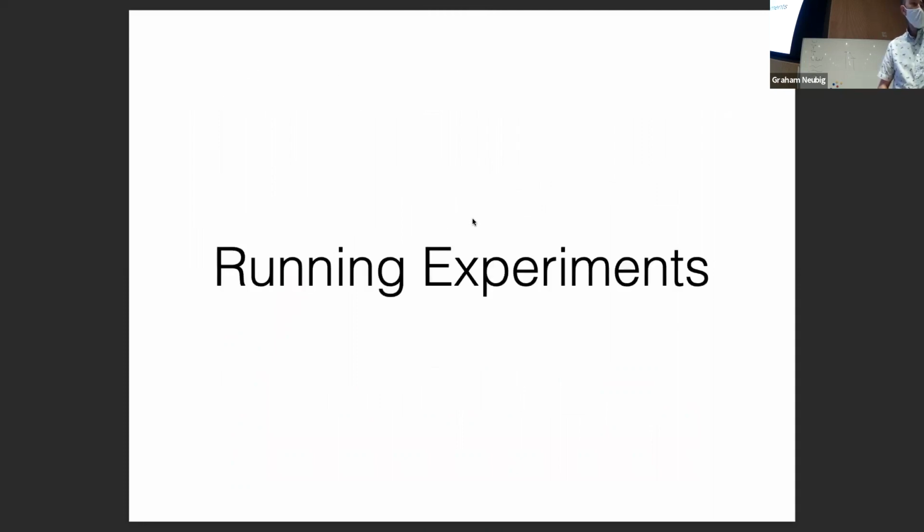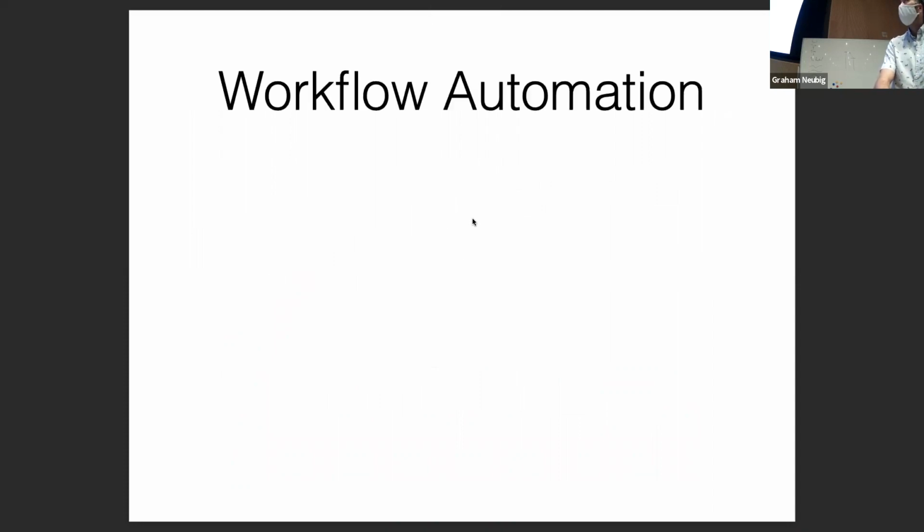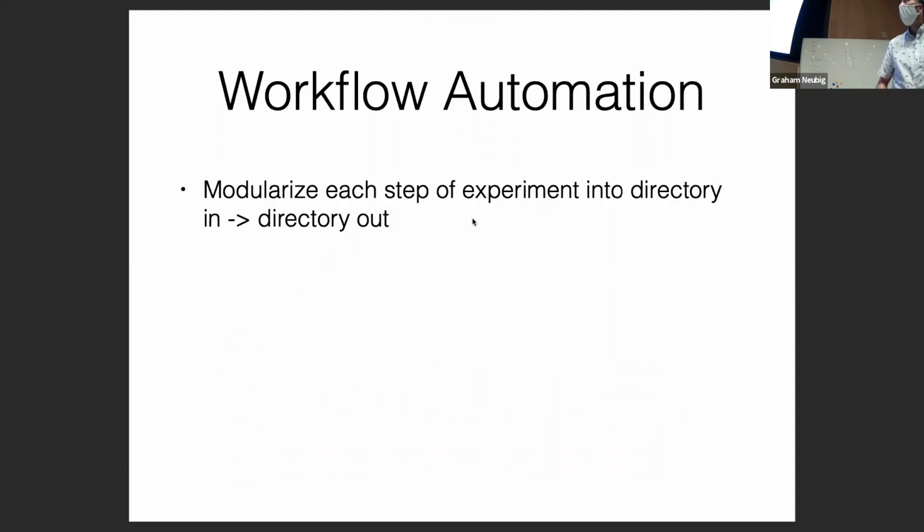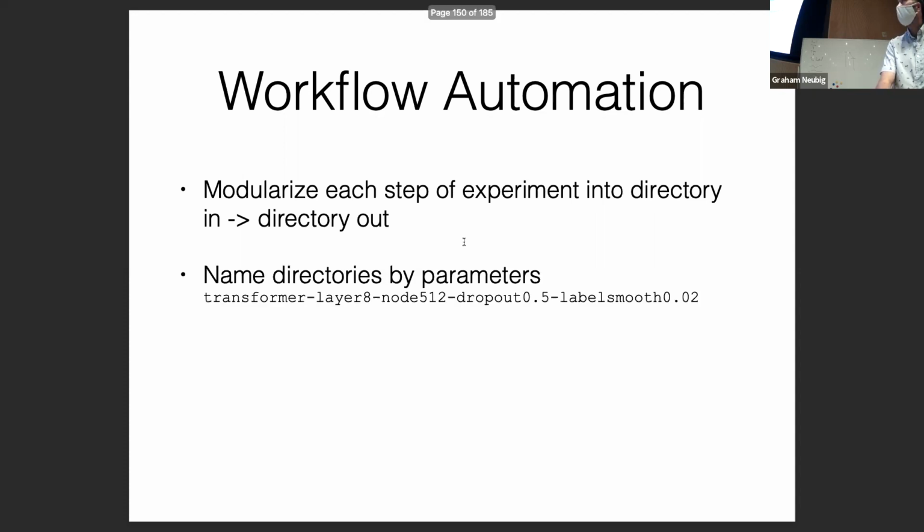With respect to running experiments, a few tips I have. One good idea is to modularize each step of your experiments. I don't get to run as many experiments as I would like nowadays, but when I did, I would always have a directory in, directory out structure for different steps of the experiments.